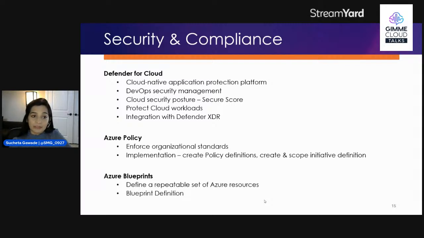The Defender for Cloud overview page within the Azure portal provides a unified view into the security posture of your hybrid cloud workloads, helping you discover and assess the security of your workloads and also to identify and mitigate risks.